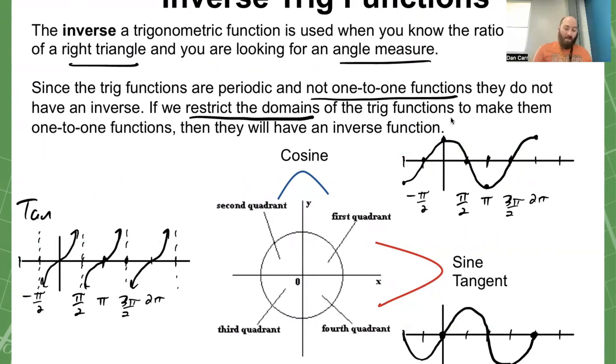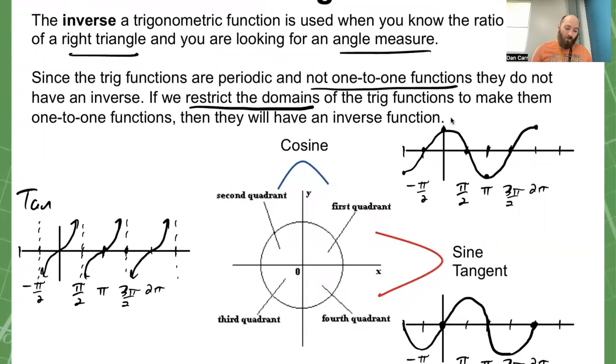What I mean by that is, for example, we look at cosine. If I restrict the domain from here to here, just looking from 0 to pi, then this graph passes the horizontal line test. So this graph right here has an inverse. Same thing with sine.